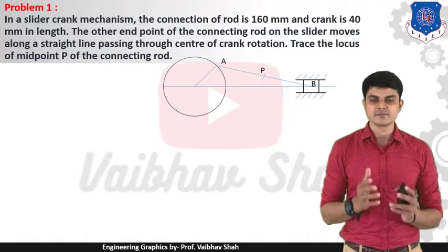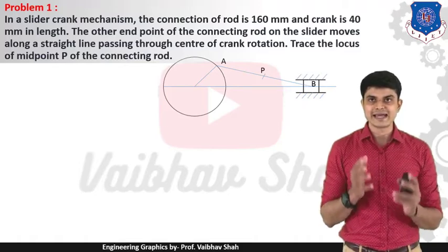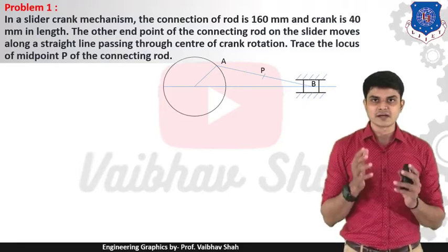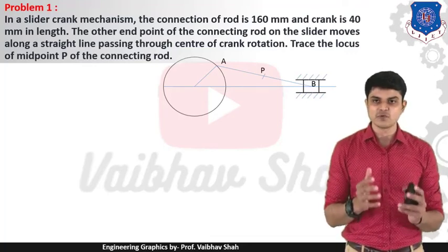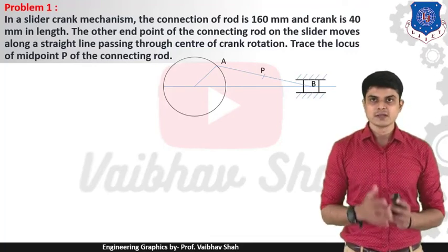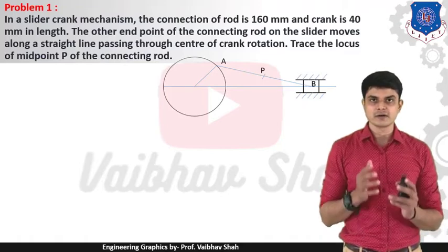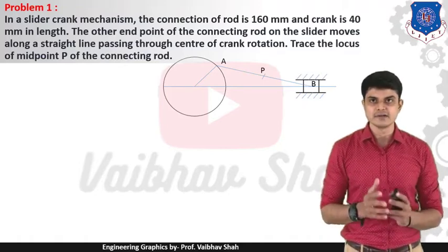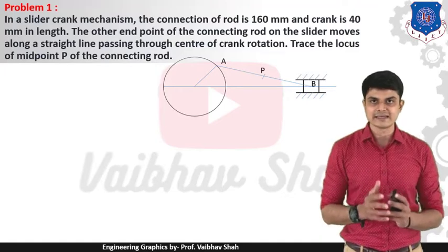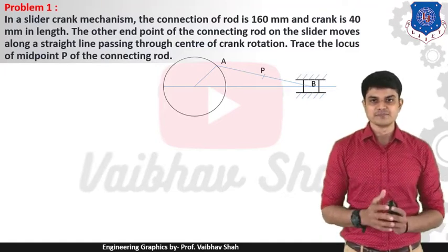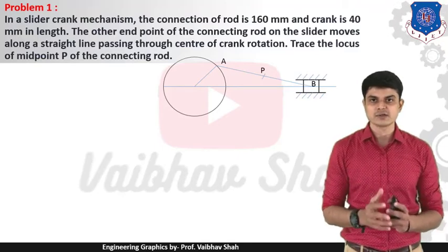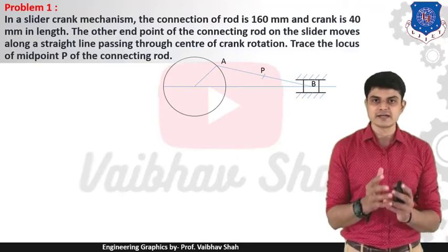So in a slider crank mechanism, the connecting rod is 160 mm and the crank is 40 mm in length. The other end point of the connecting rod on a slider moves along a straight line passing through the center of crank rotation. Trace the locus of the midpoint of the connecting rod.